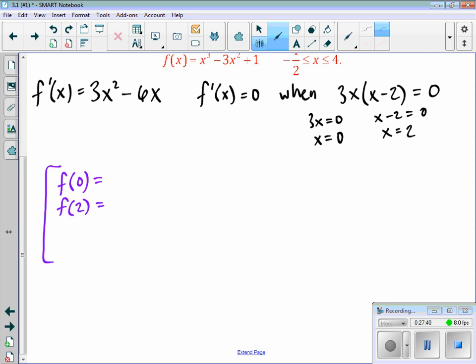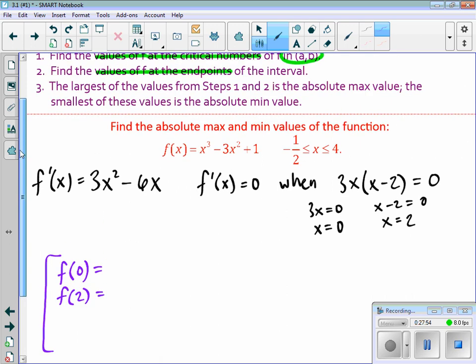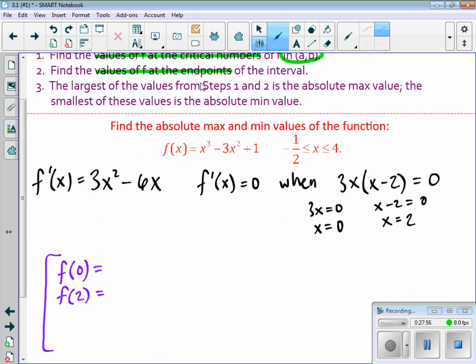Yeah, it's easy to do this and then find your max and min and not even look at that interval until we're plugging in the endpoints. But these need to fall within there, and they do. So we're going to find f of 0, f of 2, and then the other two pieces are the endpoints. So f of negative a half and f of 4.